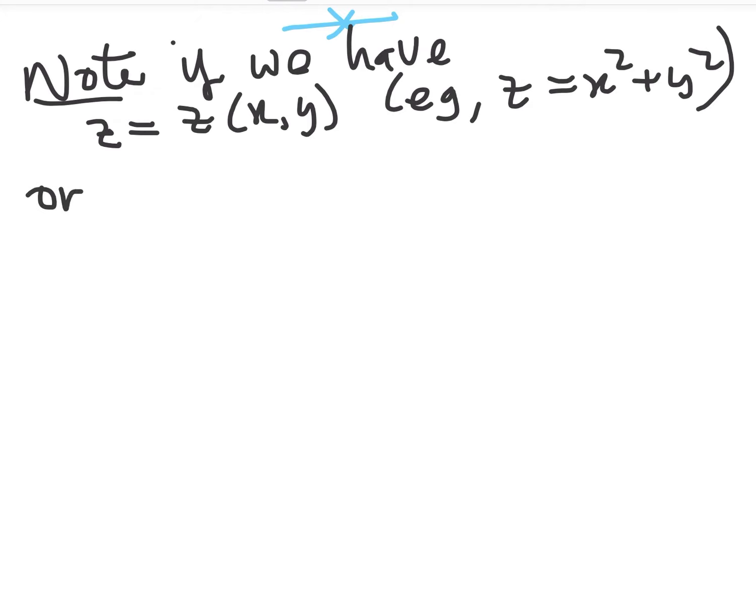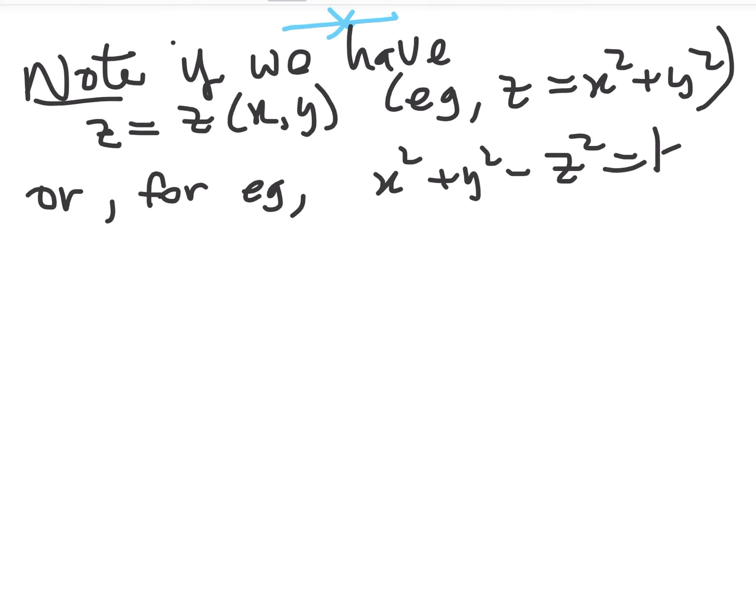Or if we have some function of x, y, and z, for example, let me put this in the form of an example to make it clear: x squared plus y squared minus z squared equal to a constant. Then we may define phi in the following way.